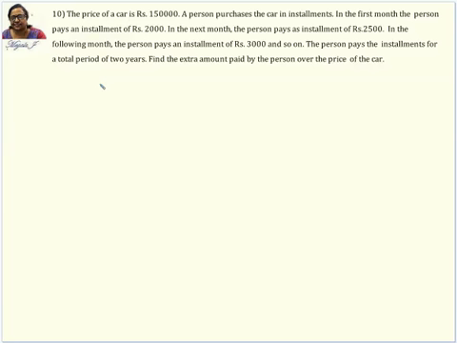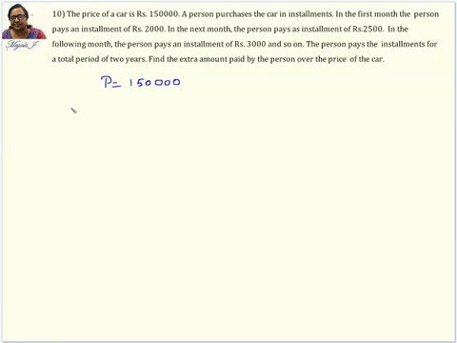Right. So the very first thing we'll write down is the price, which is 1,50,000. Okay. And now, is this a geometric progression or an arithmetic progression? Arithmetic progression.